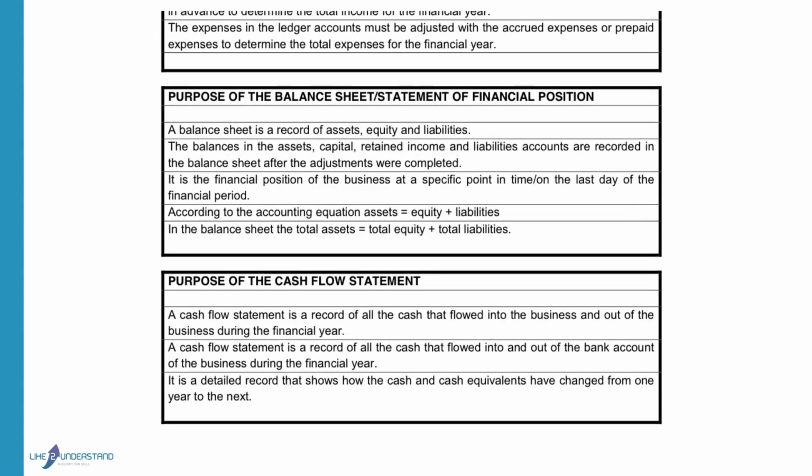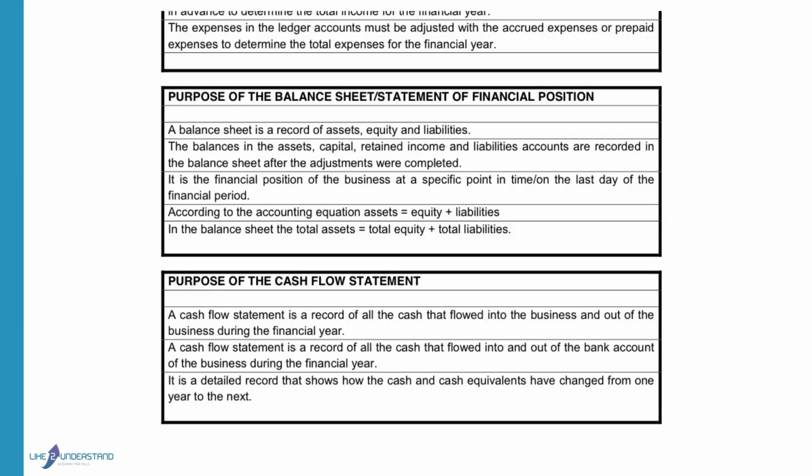The purpose of the cash flow statement is to record all the cash that came into the business during the year or that went out of the business during the year. So that is the money that flowed into your bank account, all the money that you deposited in the bank, all the money that you took out of your bank during the financial year.